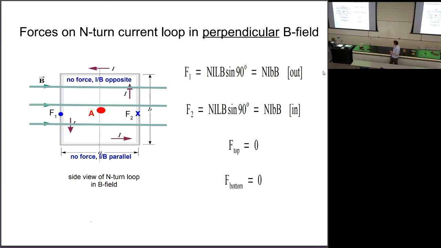Okay, maybe we'll start with the top and the bottom. On the top, in our picture, the current is going opposite the direction of the magnetic field. The magnetic field's going towards the right, the current's going towards the left. On the bottom, the current is going precisely in the direction of the magnetic field. Remember, those are 2 special cases.